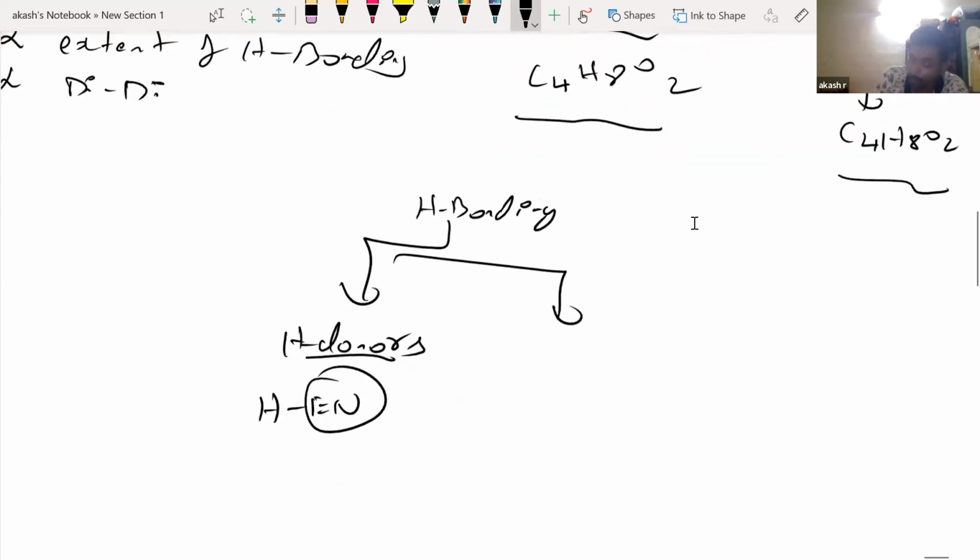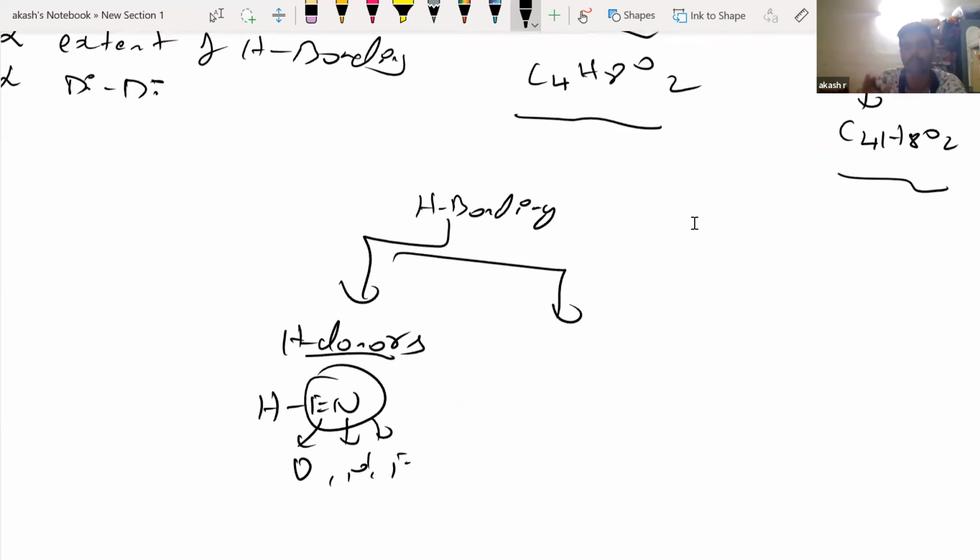So in whichever compound you're checking, if it has an OH bond, an NH bond, or an FH bond, then directly you can tell it will be showing hydrogen bonding, because the other criterion is that we need hydrogen acceptors also.